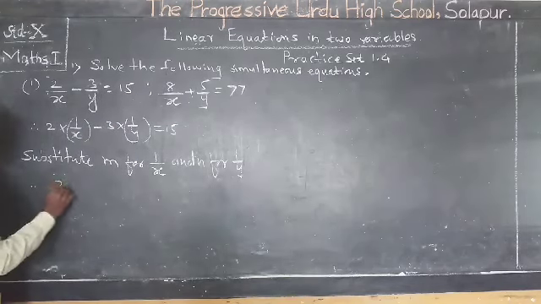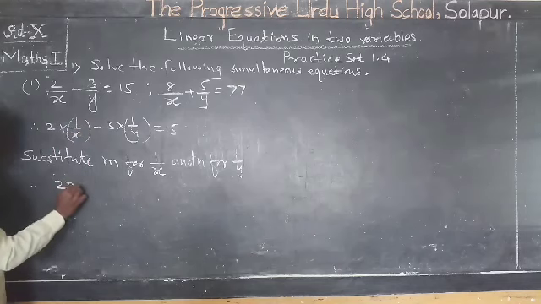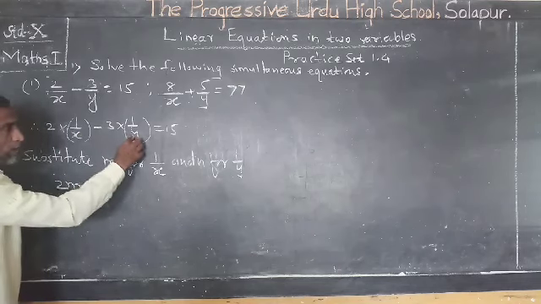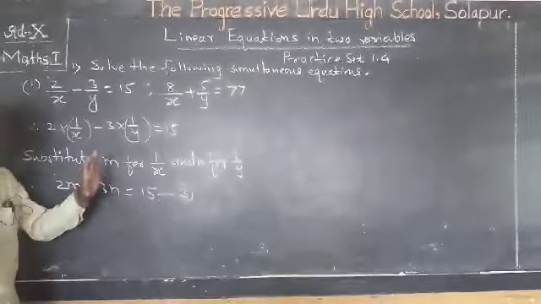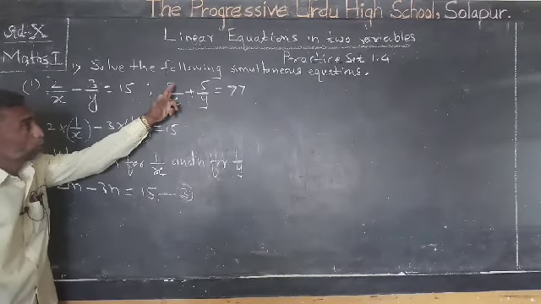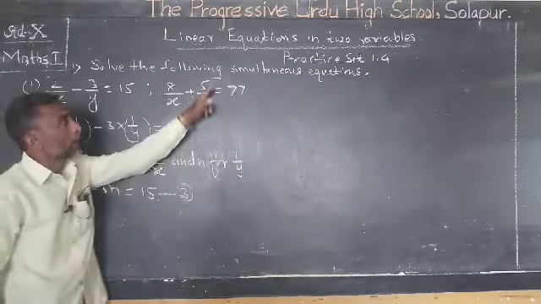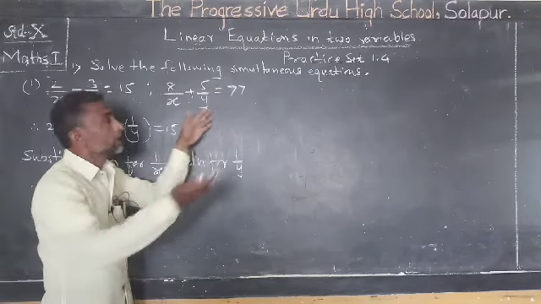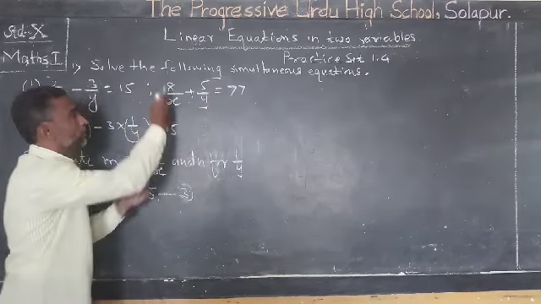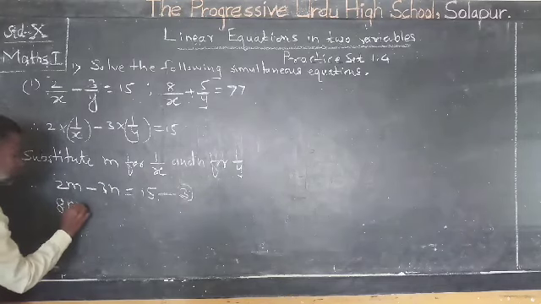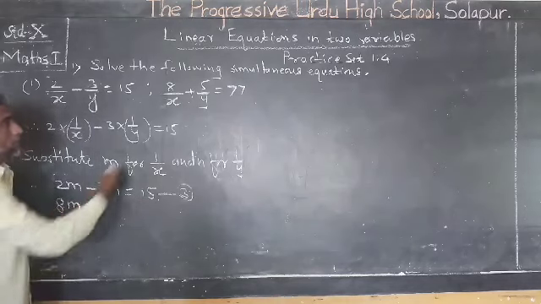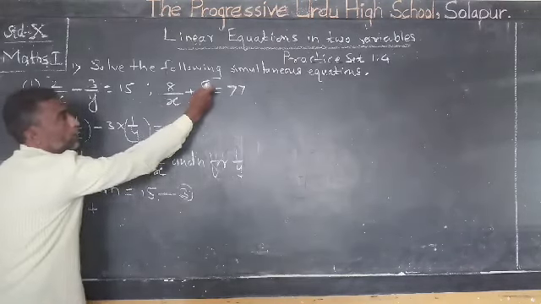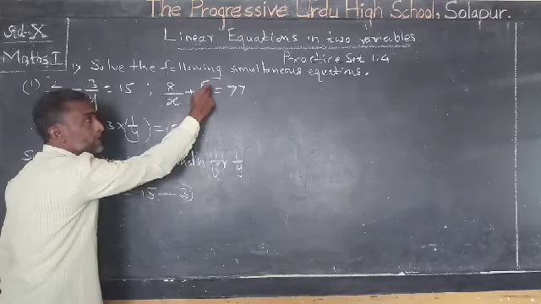Now, therefore, 2 instead of 1 upon x, m, minus 3, 1 upon y means n, so 2m minus 3n is equal to 15, equation number 3. Similarly, here also you can put 1 upon x as m and 1 upon y as n. Therefore, this equation will become 8m plus 5n is equal to 77, since we have substituted n instead of 1 upon y.